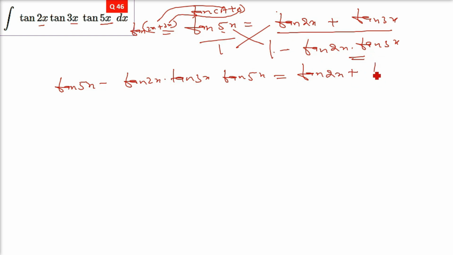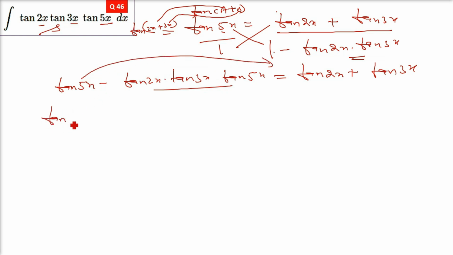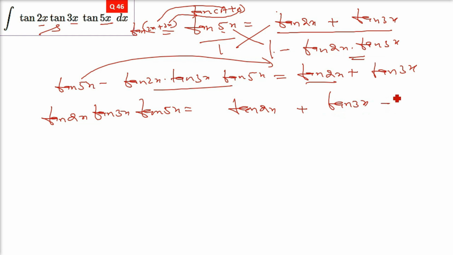Now what do you see here? You see that the question is already being formed from here, in terms of those terms which we can integrate very easily. The tan 2x tan 3x tan 5x term has a negative sign. Tan 5x goes to the right, so it will become negative tan 5x.